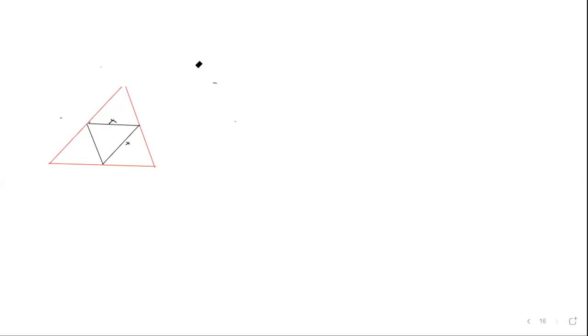I wanted to call it X, Y, and Z because they are not equal to each other. It's not an equilateral triangle. So we want this to be Y and this to be Z. Right. Now remember, we got midpoints here.